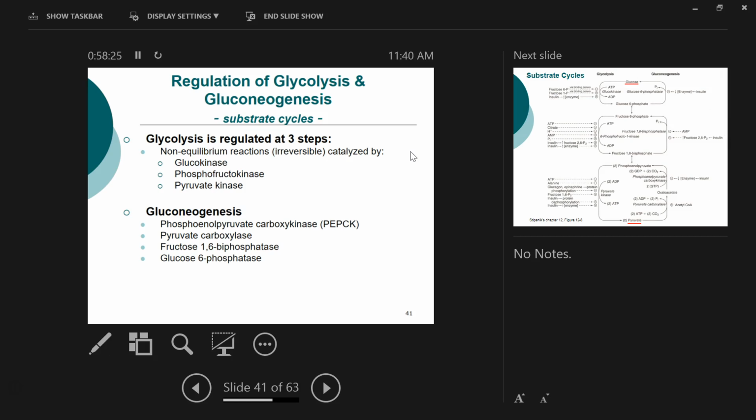Okay, now let's talk about the substrate cycle: how a substrate in each metabolic pathway regulates the activity of each pathway.